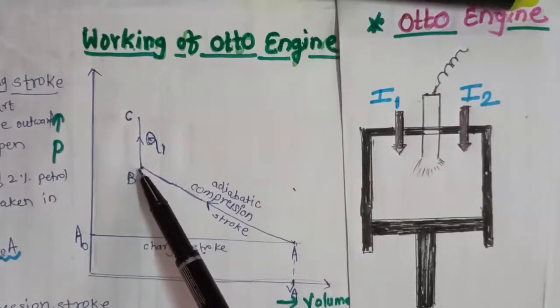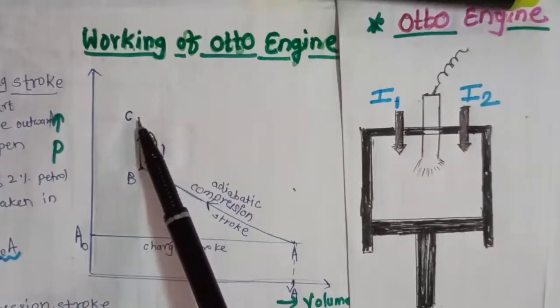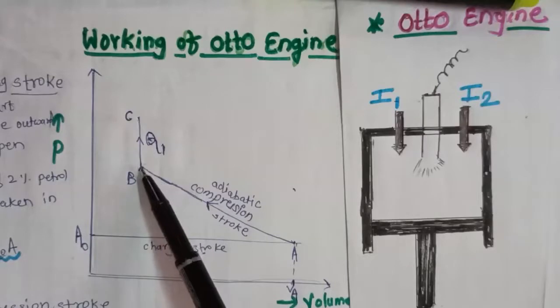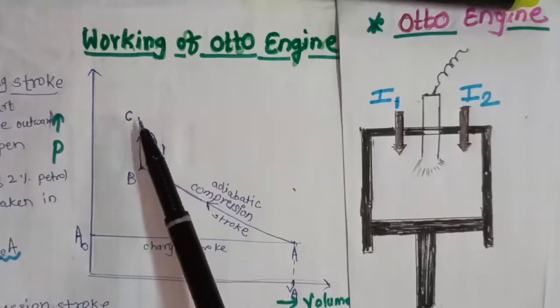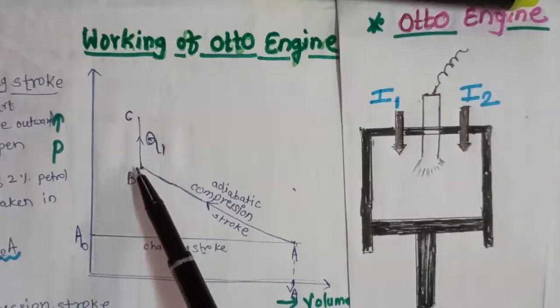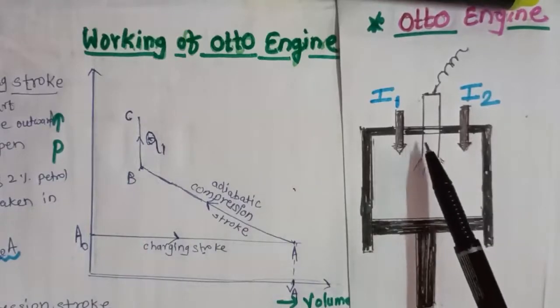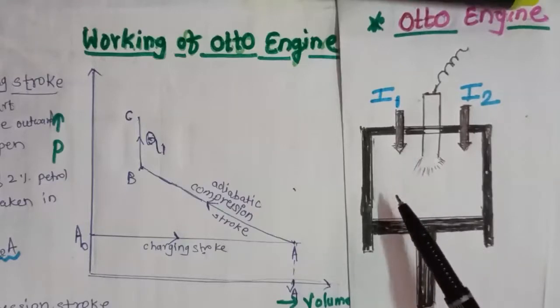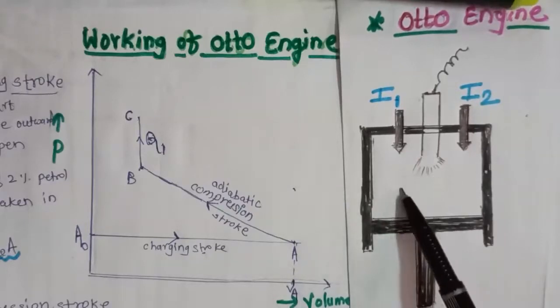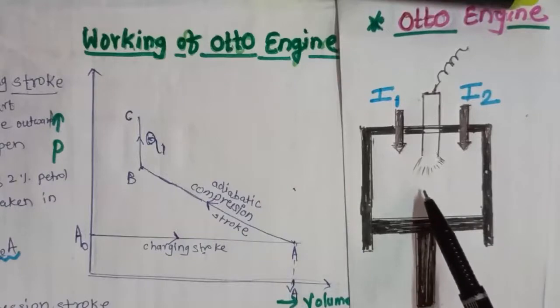In the compression stroke, there is another step. On passing electric current through the electrode, the petrol vapors inside the cylinder get ignited.